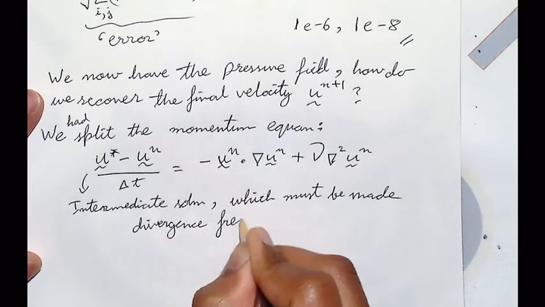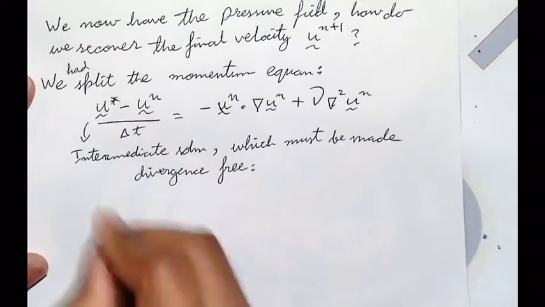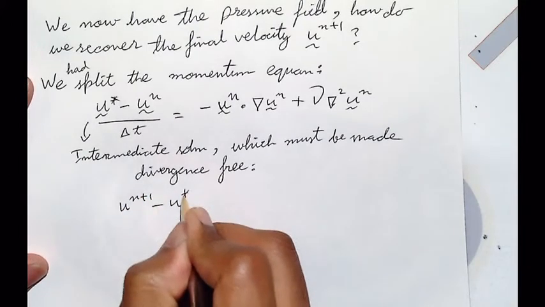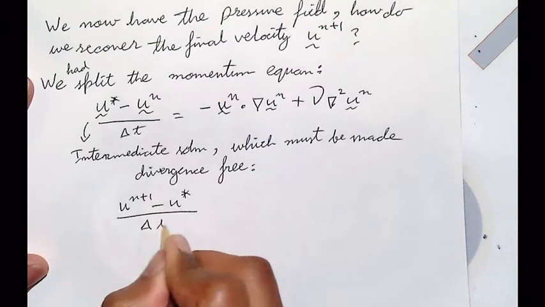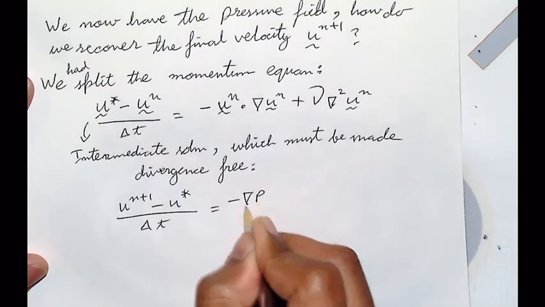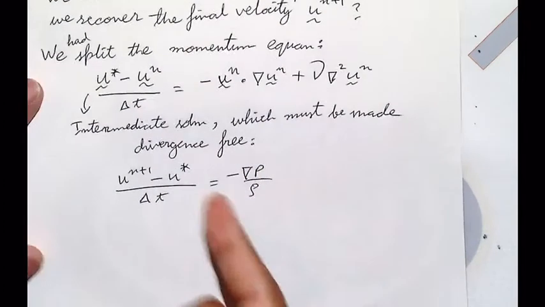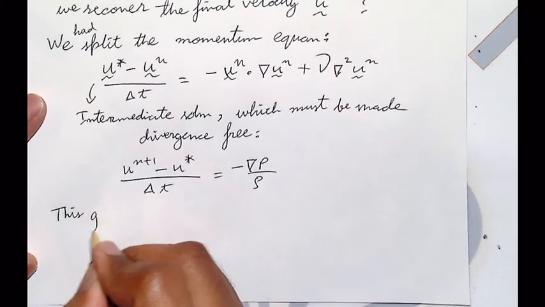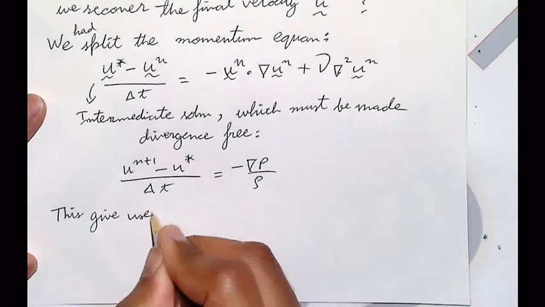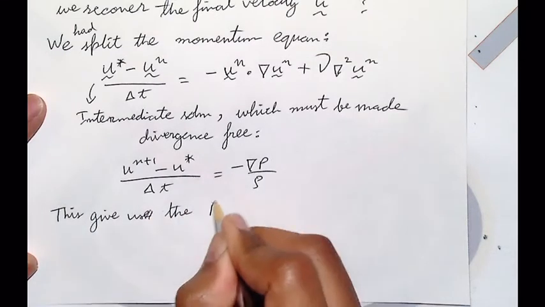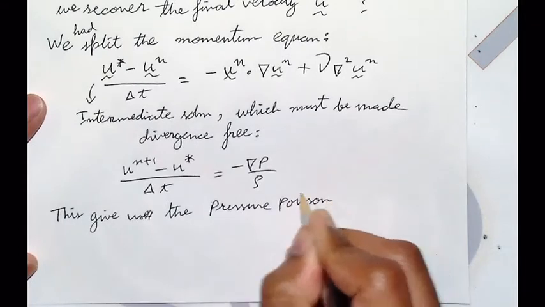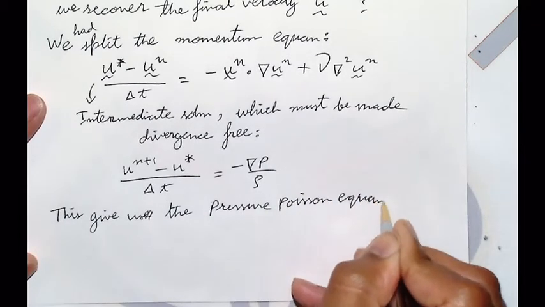And for that, we said we would use the pressure. We said u n plus 1 minus u star over delta t is basically minus grad p over rho. And then we had said this gives us the pressure-Poisson equation, which is what we just solved, right?